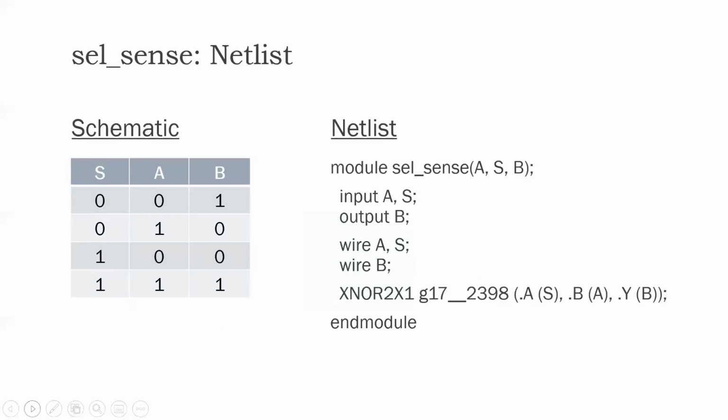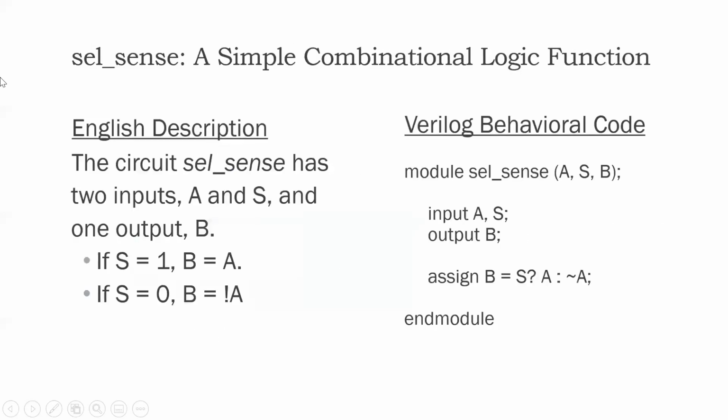Now, if you take the behavioral code written here, you could use a logic synthesis tool to generate the logic circuit. You would expect that the synthesis software would create a circuit comprising a single 2-input XNOR gate, and we'll see if that happens.